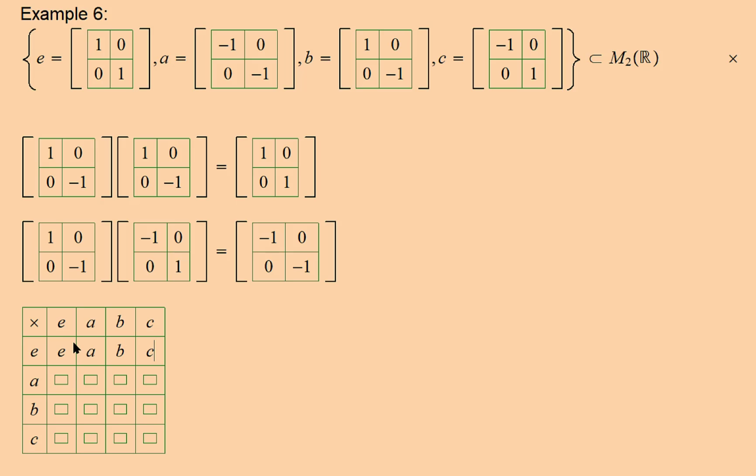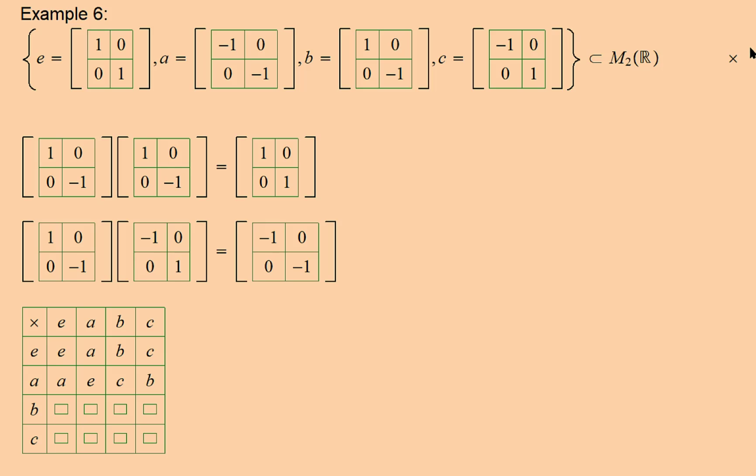And here we may have to do some work. AE, there is no work. AA is E, and we found BC is A, but if you multiply A and B, you will get a C. If you multiply AC, you'll get a B.